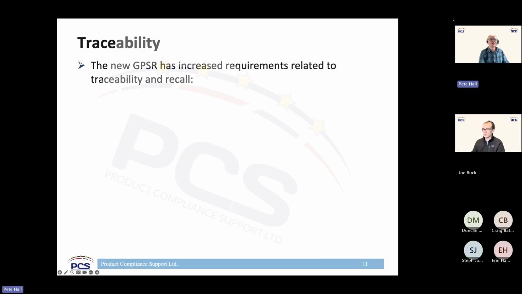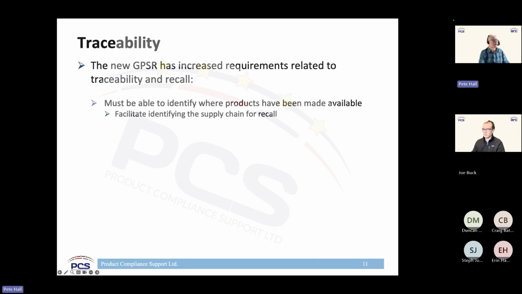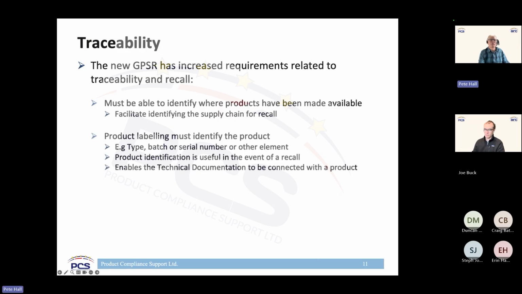So traceability. We've mentioned that products have to be marked with certain details for traceability. Manufacturers also have to be able to identify where they've sold products. So if a dangerous product emerges, the authorities will be asking exactly where it's been distributed to, so they can try and take action on it. And we've already said about information markings on the product.